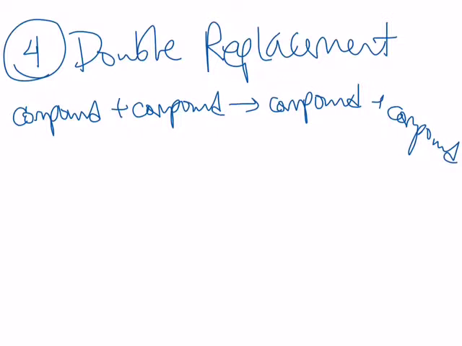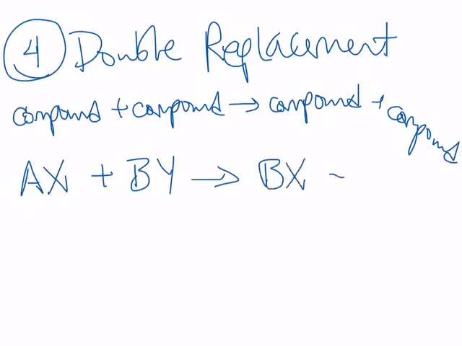So let's use our generic letters. Let's say I have AX and BY as my two reactants. The A and the B will switch places, and the X and the Y will switch places. So I'm going to now have BX and AY.